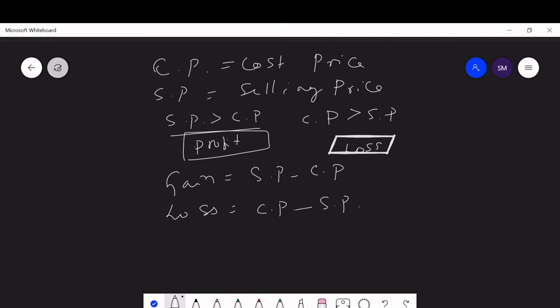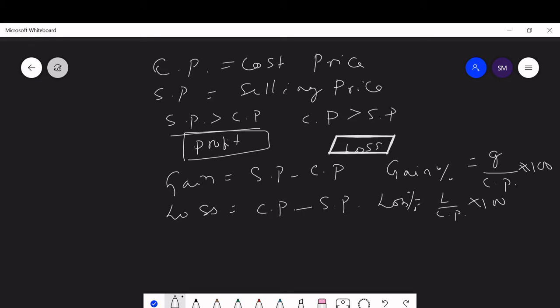When the selling price is greater than the cost price, we get profit or gain. Gain percentage is equal to gain upon CP into 100. Loss percent is also equal to loss upon CP into 100.